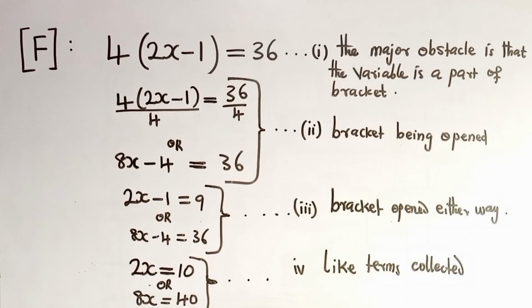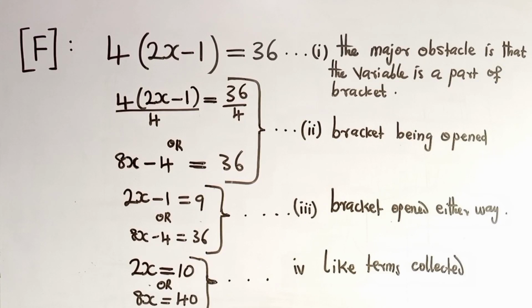We are looking for a way to solve for that variable x, and that variable x appears as a part of a bracket. You cannot take any action on this x except the bracket inside which this x is found is cleared or opened. So this bracket has to go away so that we are free mathematically to treat this x. But until that happens, we can't reach this x.